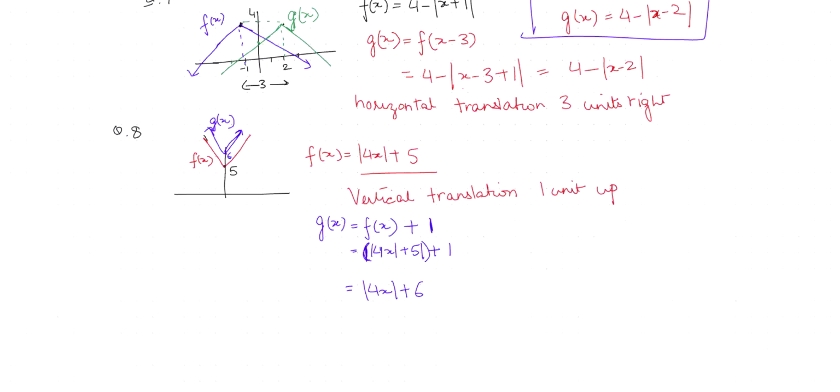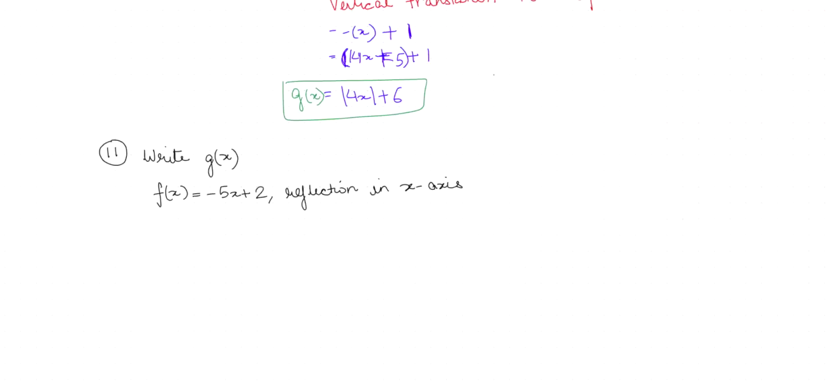So we have moved 1 unit up. I'll just erase this. So this is our answer. g(x) is the absolute value of 4x plus 6. So this was the result of question 8.